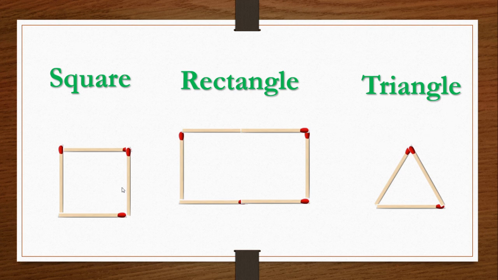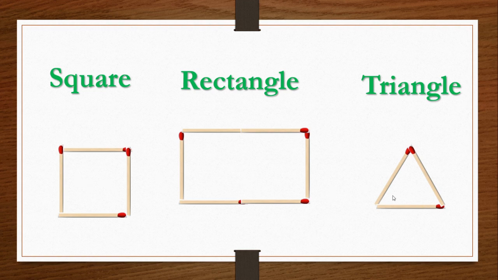Today we have learnt three geometrical figures, which are they? Square, four-sided figure, and all the sides are equal here. This is rectangle, four-sided figure, but opposite sides are equal, correct? And this is triangle, three-sided figure.